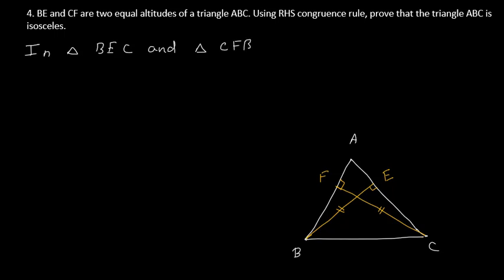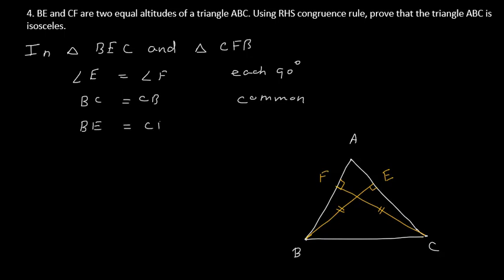Now in these two triangles, your angle E is equal to your angle F, each 90 degrees. Then your BC is equal to CB, their common side, and your BE equal to CF, given.